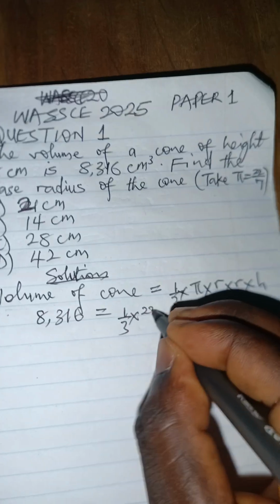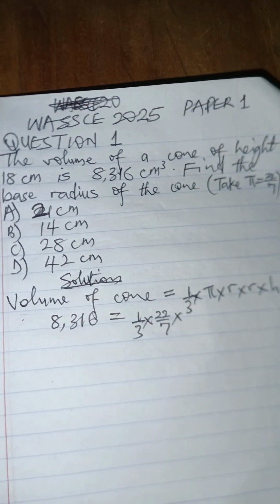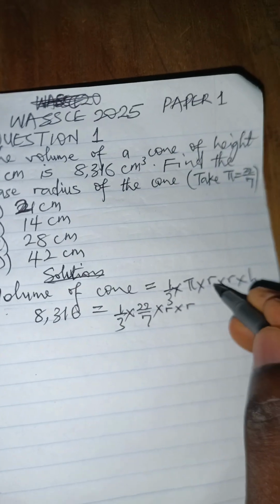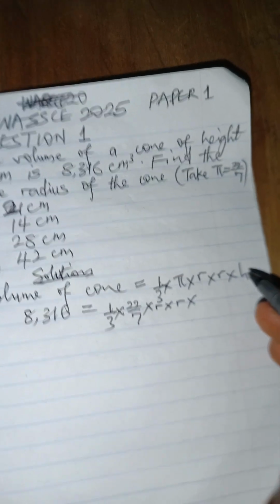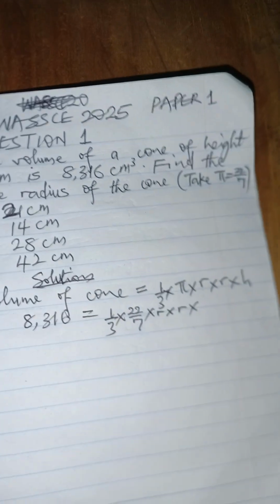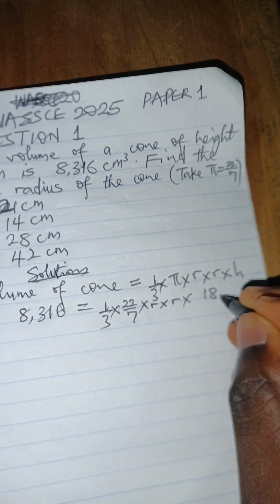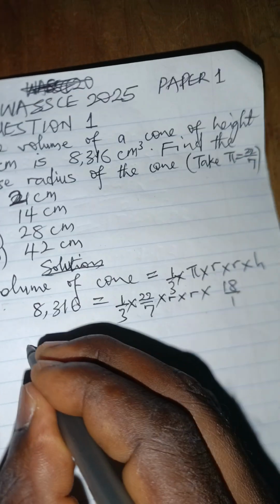We have been told to use 22/7 times radius. We don't know the radius, so I replace it with r times r. Radius times height. What is the height of the cone? We have been told that the height is 18 centimeters, which is the same as 18/1. Are we good? Okay, let's move on.